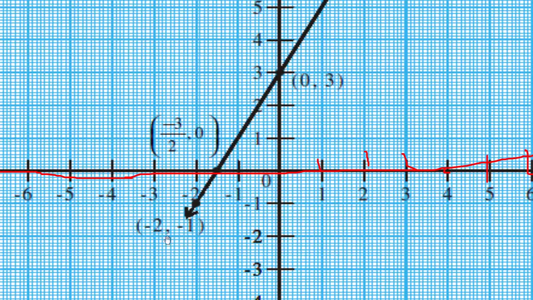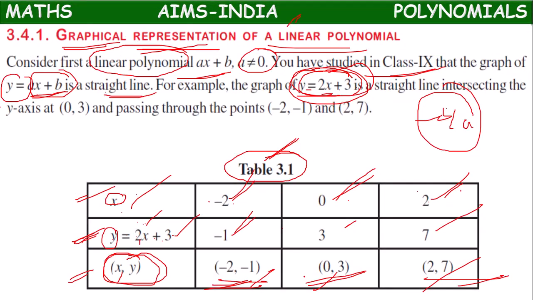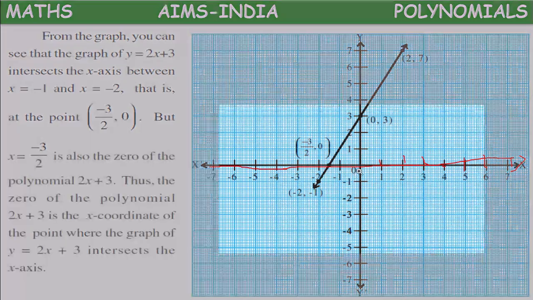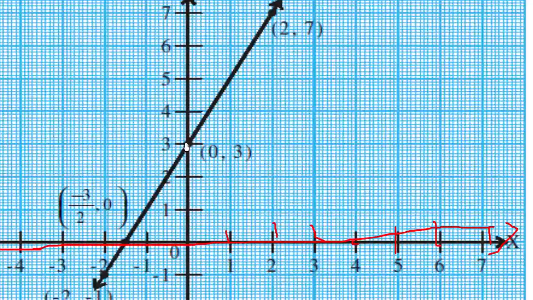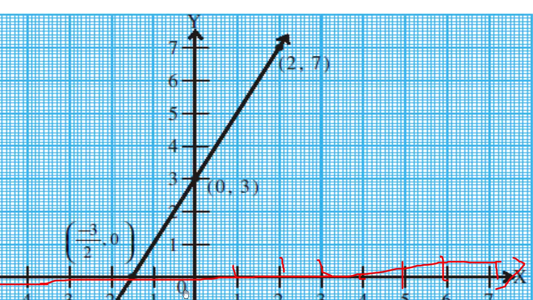Now what is the first coordinate? Minus 2 comma minus 1, meaning x value minus 2, y value minus 1. This point is the first point, minus 2, minus 1. The second point is 0, 3: x value 0, y value 3.